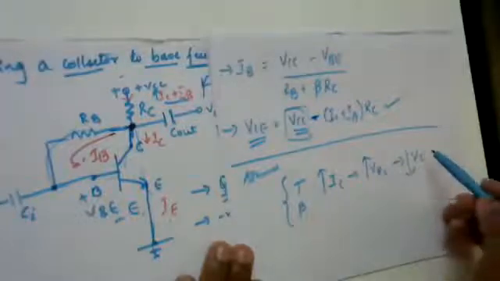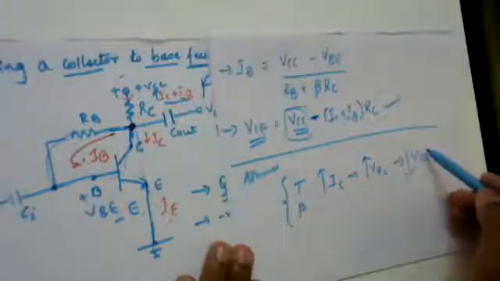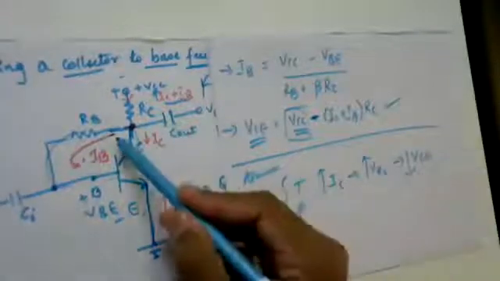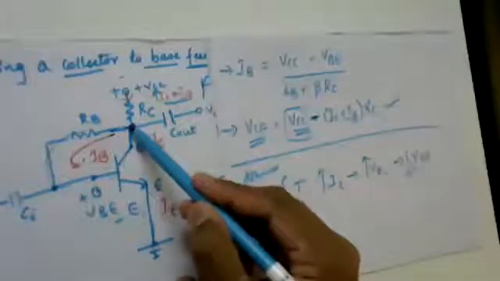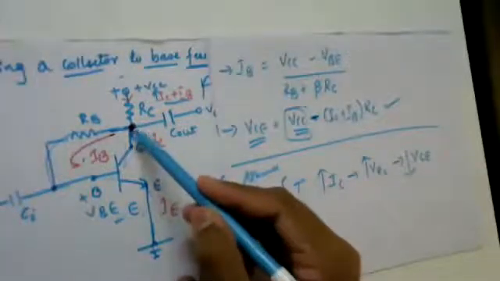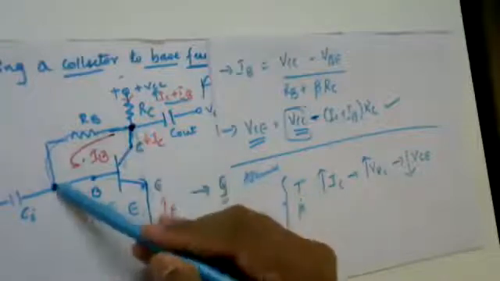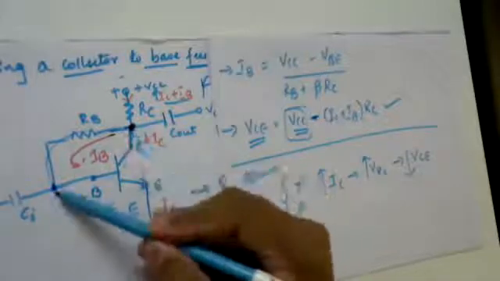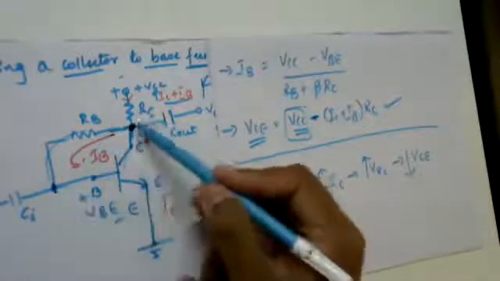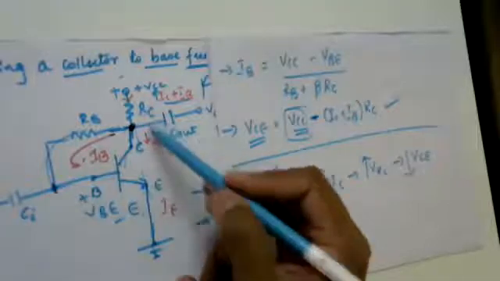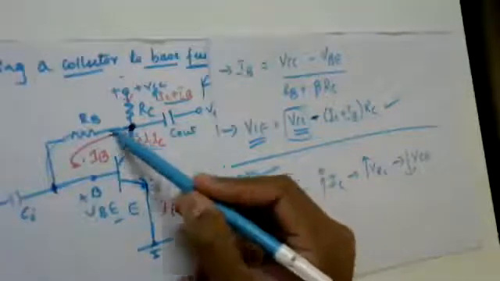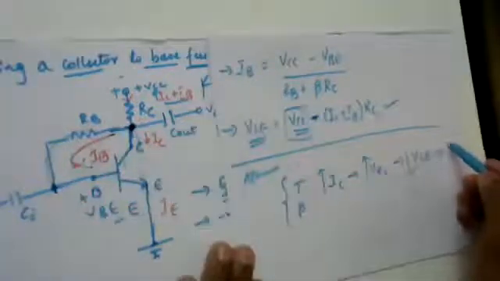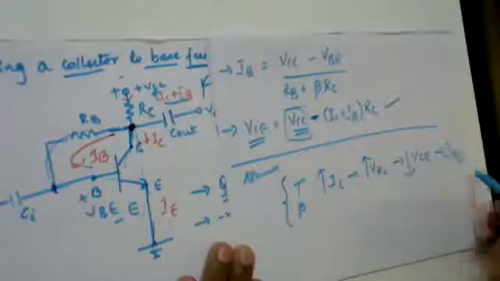Now, since there is a reduction in the output voltage, since you are having a feedback, your RB resistance is connected between your output and input terminal, that is between your collector and base terminal. So since VCE is decreasing, the current that is going to flow through the base decreases.